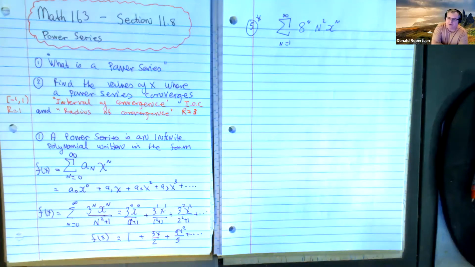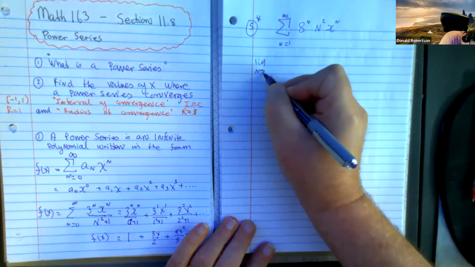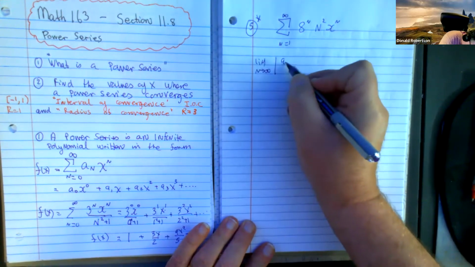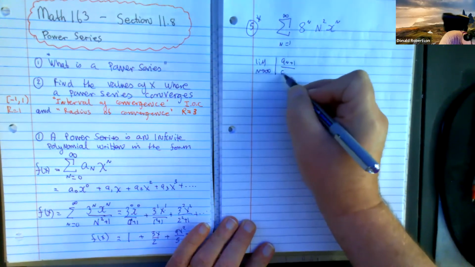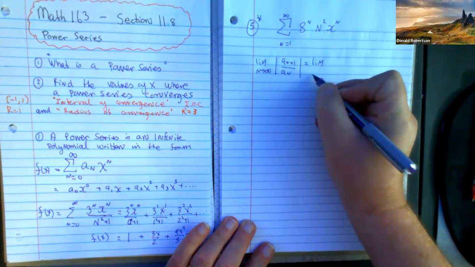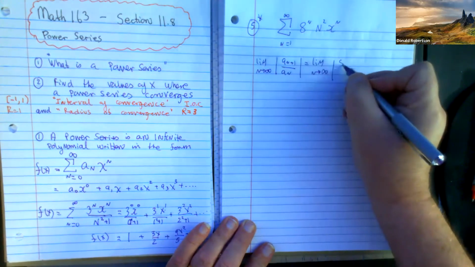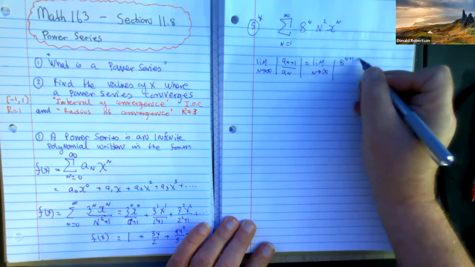It doesn't look like a fraction. Doesn't change a darn thing. It's the same basic process. It's going to be the limit as n tends to infinity of a_(n+1) over a_n. You can handle that. It's going to be the limit as n tends to infinity. Right, a_(n+1) is this guy.